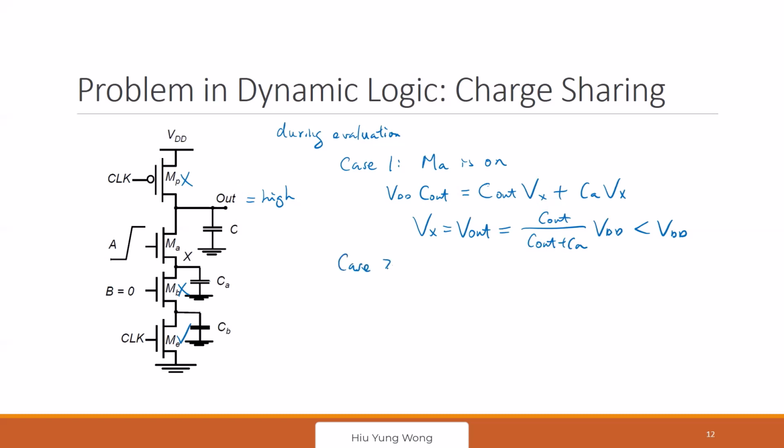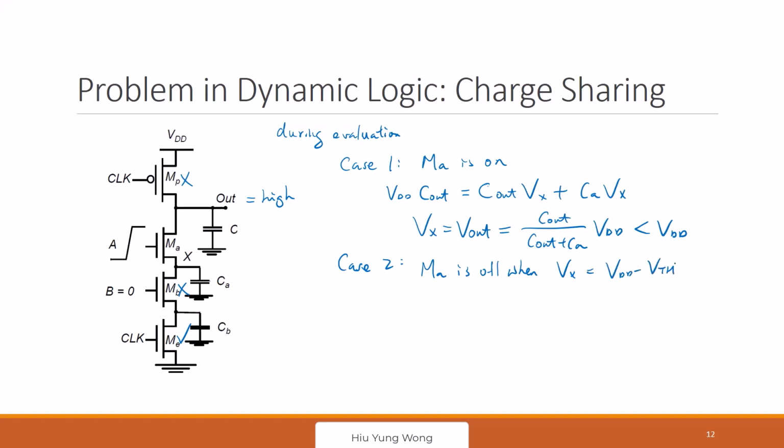Case 2. It is possible that when you charge up, this one goes higher and higher and eventually turns off this transistor because this one cannot be more than VDD minus VTH. So it stopped at VDD minus VTH. It is off when Vx equals VDD minus VTH.